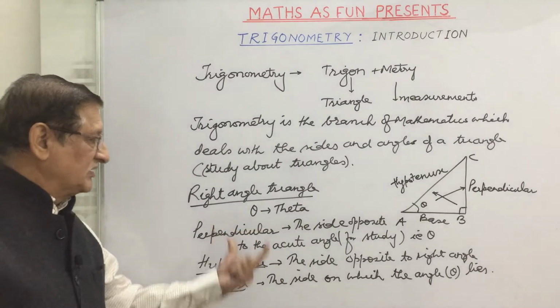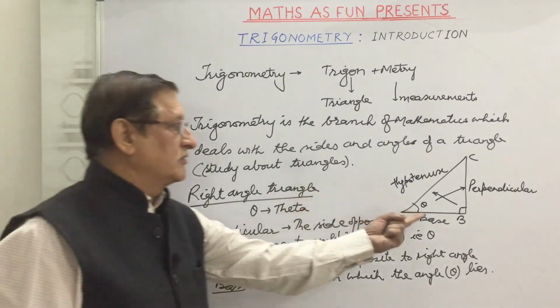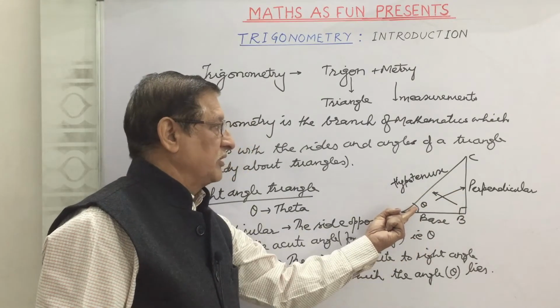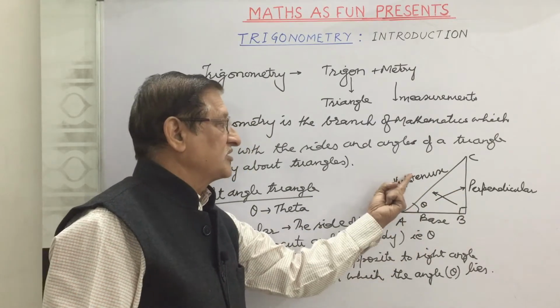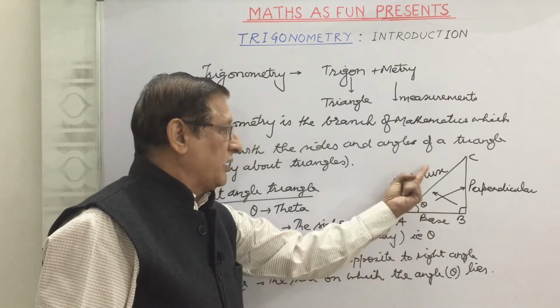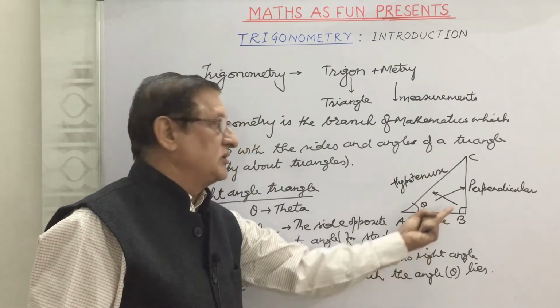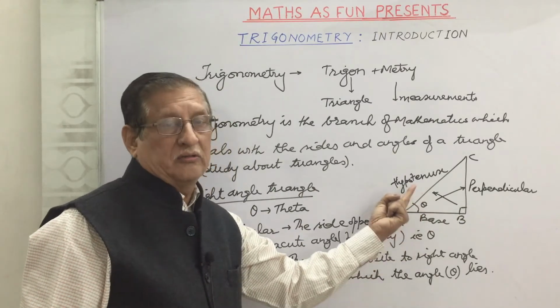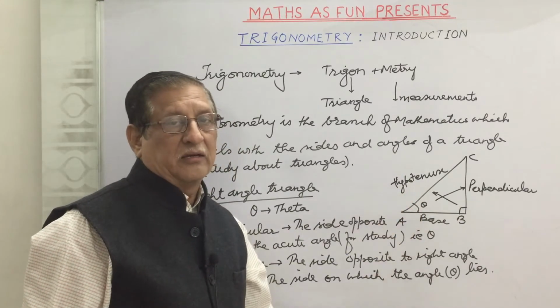So first we have to understand all three sides of a right angle triangle: the perpendicular is the side opposite to angle theta, the hypotenuse is the side opposite to the right angle, and the base is the third side other than the perpendicular and hypotenuse, on which this angle theta, which we are going to study, is lying.